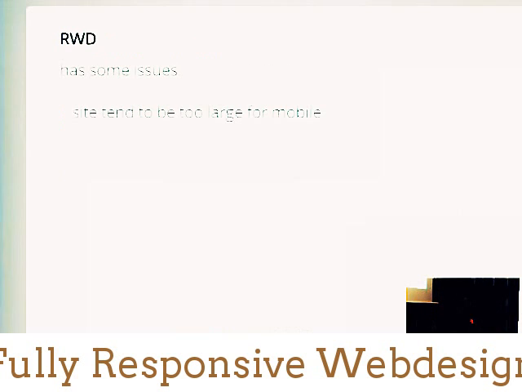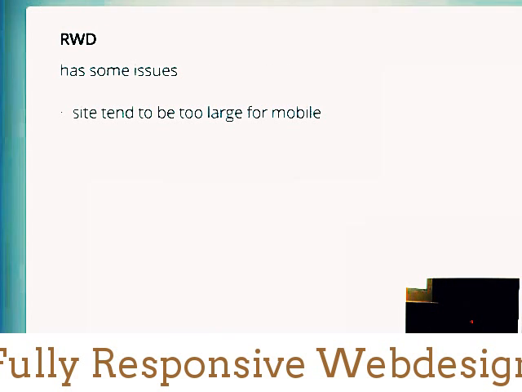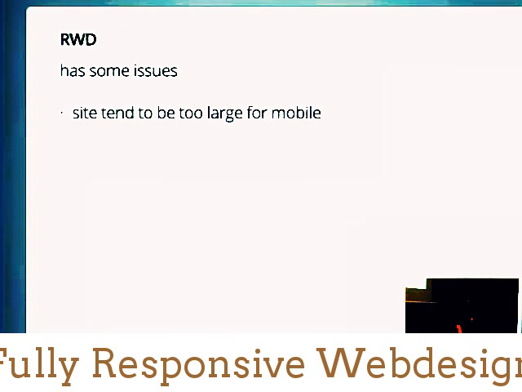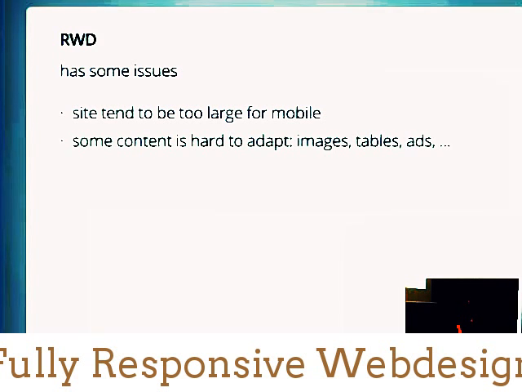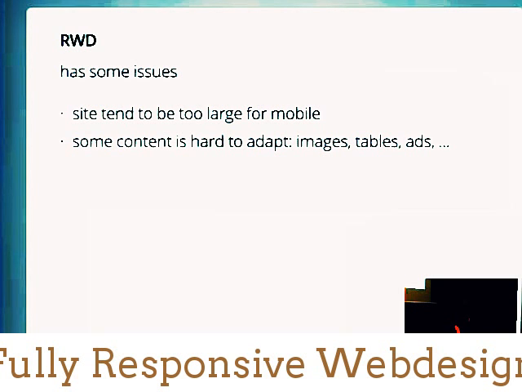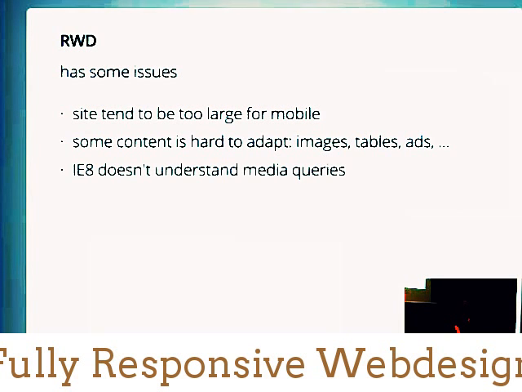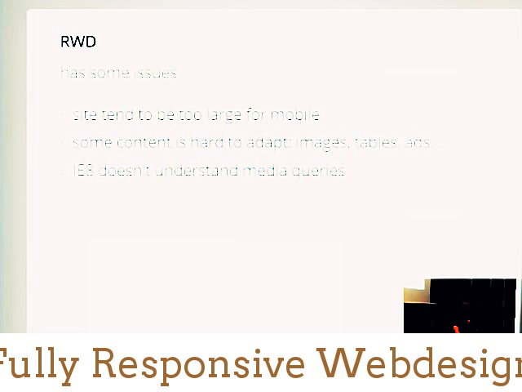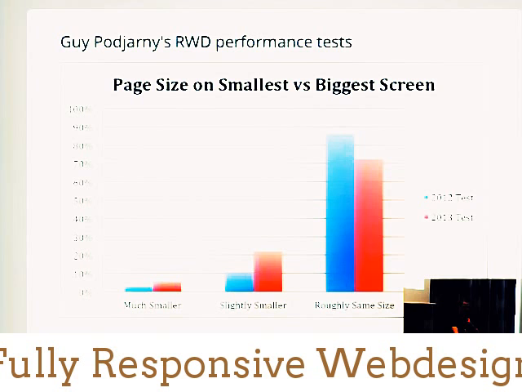We know responsive web design has some issues. Sites tend to be a little bit too large. Sometimes content is hard to adapt: images, tables, ads are hard for all views. And we sometimes have to deal with Internet Explorer 8. We are not there yet.